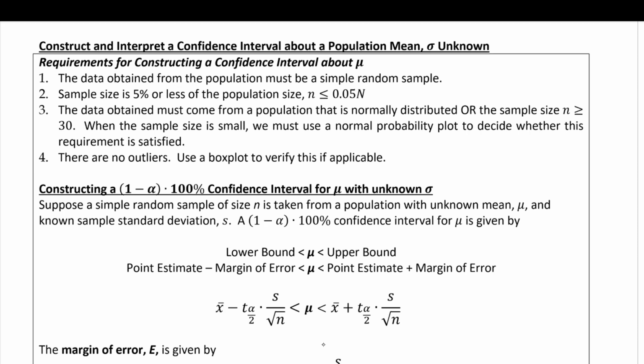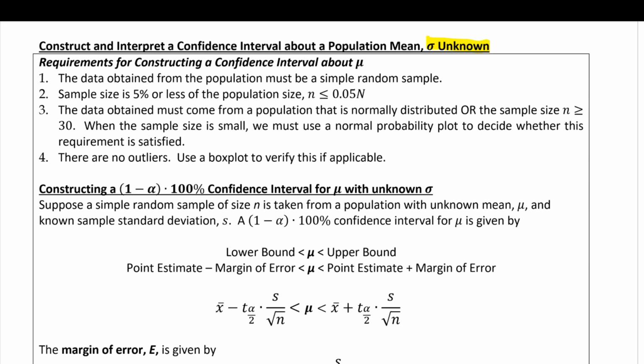Okay, so just like before with the proportions, we're going to come up with the confidence interval for when we don't know what sigma is, when sigma is unknown. Okay, there's this bunch of criteria. Again, a lot of this criteria has to do with just obtaining the data with simple random sampling. Sample size is less than 5% of the population size.